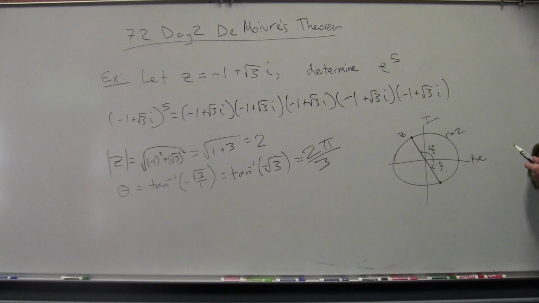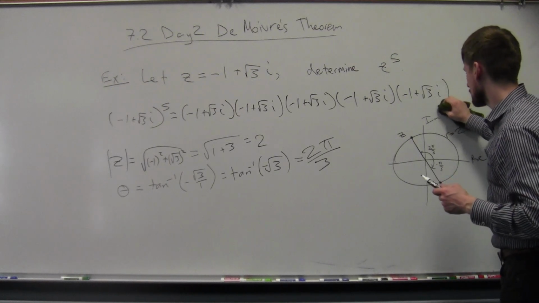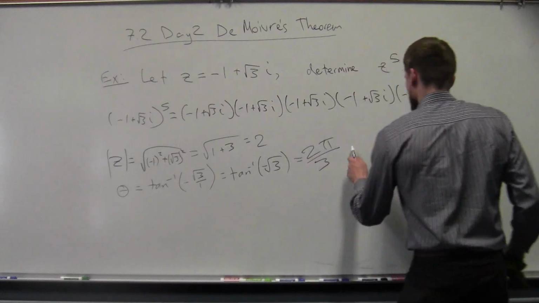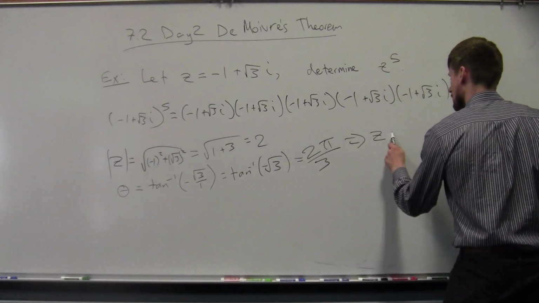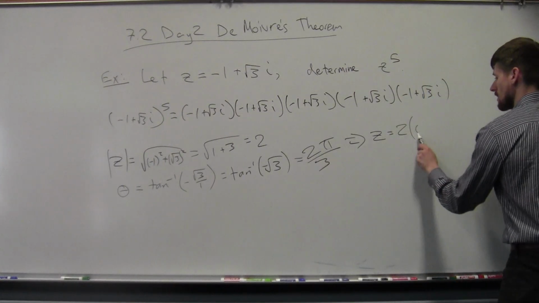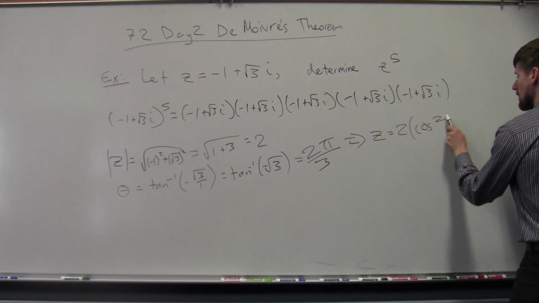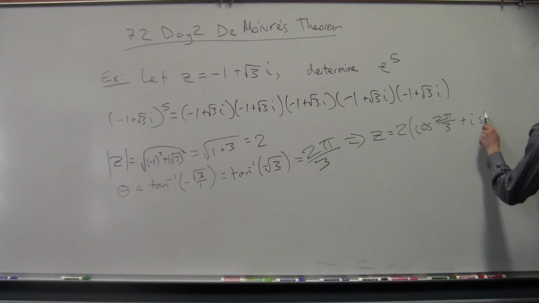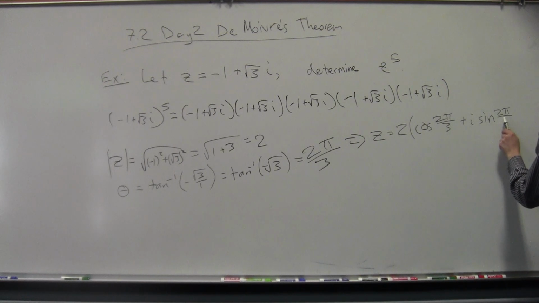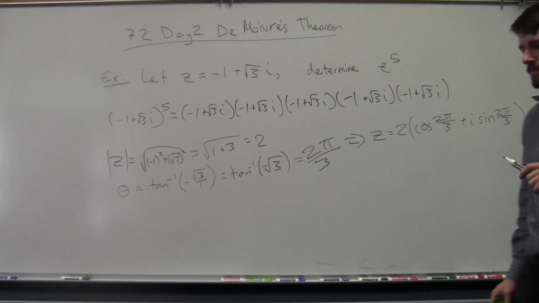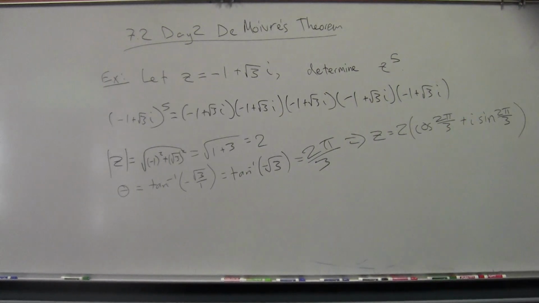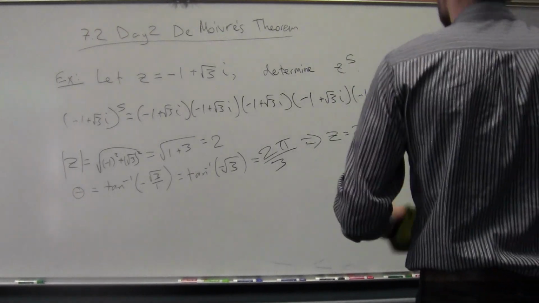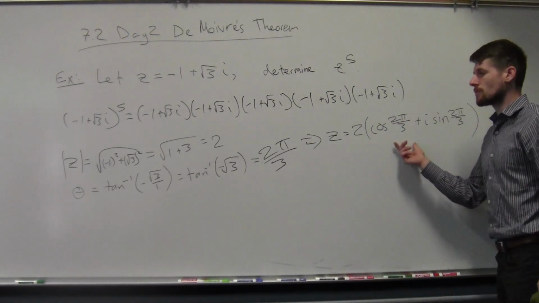Okay, so let's plug it in. So that says that z equals 2 cosine of 2 pi over 3 plus i sine 2 pi over 3. So this is my polar form for it.